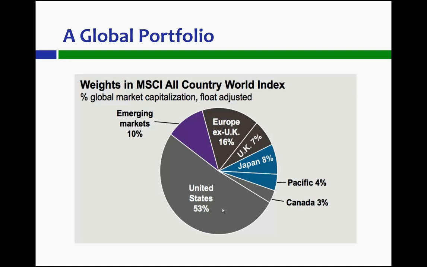Most people in the United States typically invest 80% or more in their home country, in the U.S. stock market. But as you can see, there are so many other markets. There are so many other opportunities and valuations across the globe that remaining simply a U.S. investor is ignoring half of the world's opportunity.